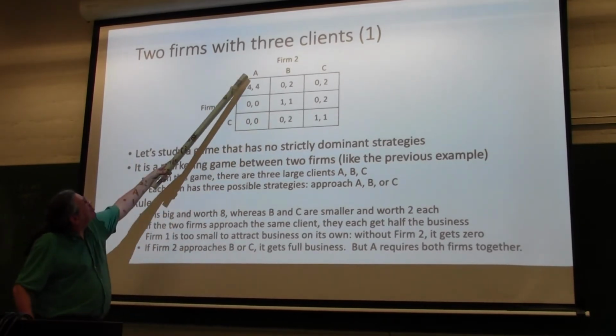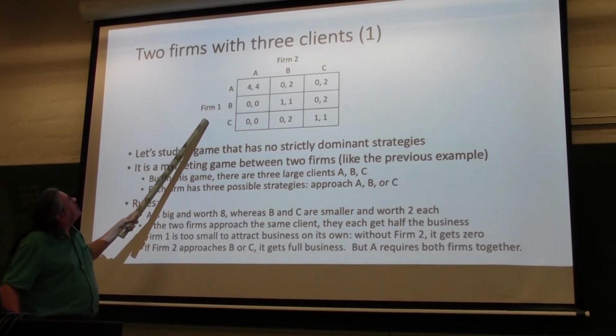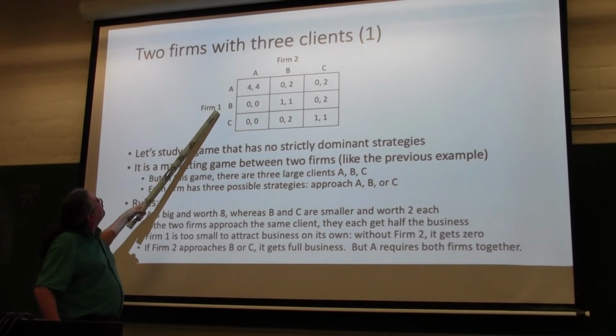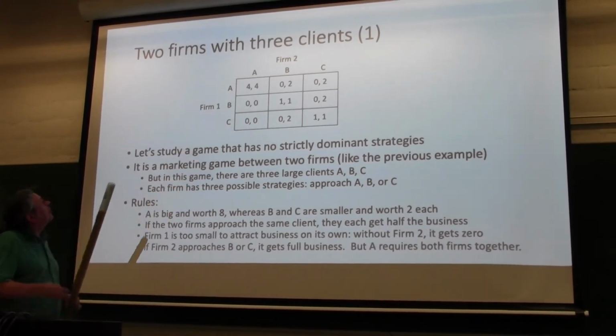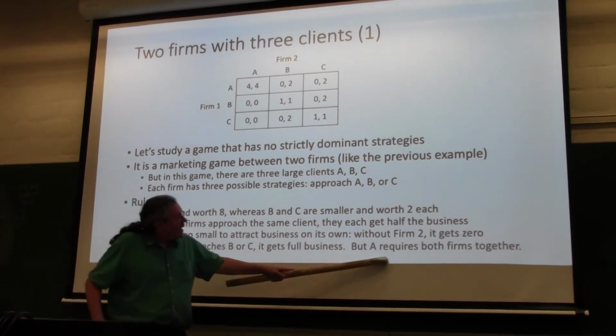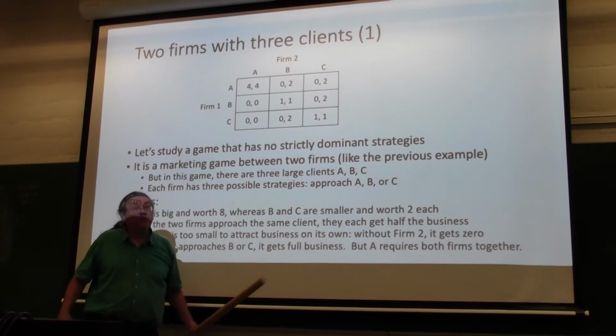Okay? And the same for B. And if firm 2 picks A and firm 1 picks B, then firm 1 will get 0. But A, oh yeah, there's another rule. A is a big guy. A requires both firms together.